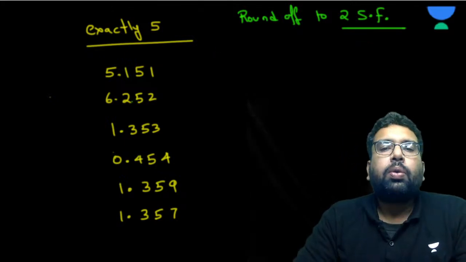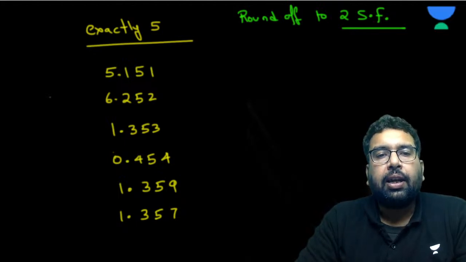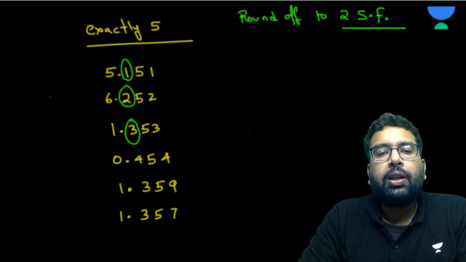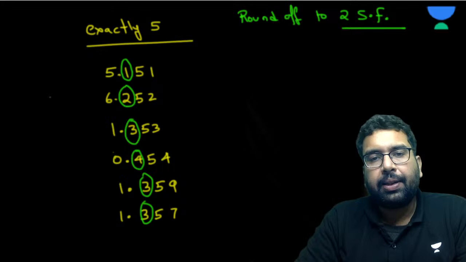When we need to round off to two significant figures, we are supposed to round off these digits, isn't it?